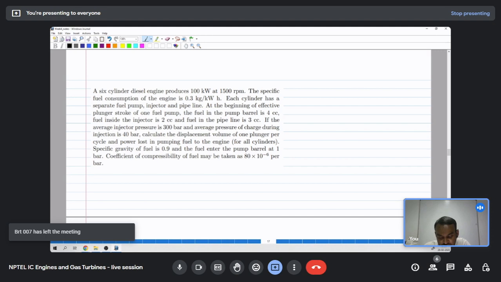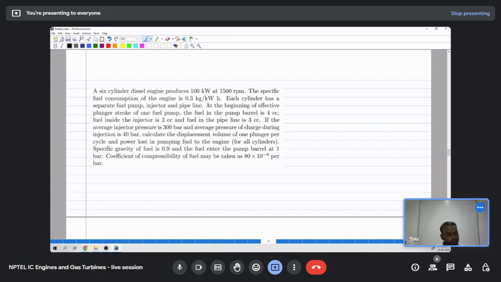If the average injection pressure is 300 bar and average pressure of charge during the injection is 40 bar, calculate the displacement volume of one plunger per cycle and power lost in pumping fuel to the engine for all cylinders. Specific gravity of fuel is 0.9 and the fuel enters the pump barrel at 1 bar. Coefficient of compressibility of fuel may be taken as 80 into 10 power minus 6 per bar.